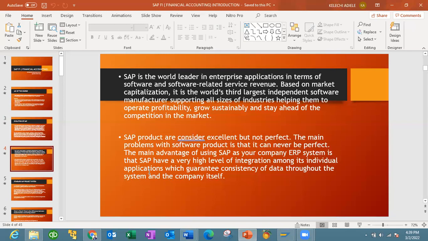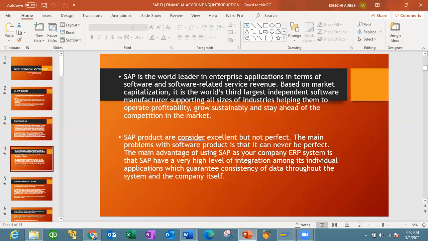There is an integration between MM and FI such that, in accounting, GL is the prime book of account. So everything has to fit into GL if it will have a financial impact, if it will affect the books. So GL is a major integration point between FI and all these other modules.